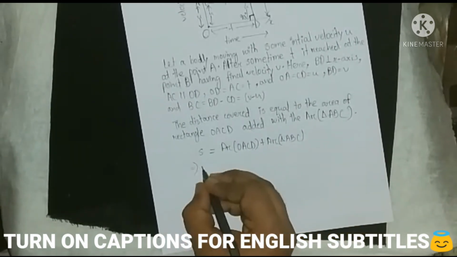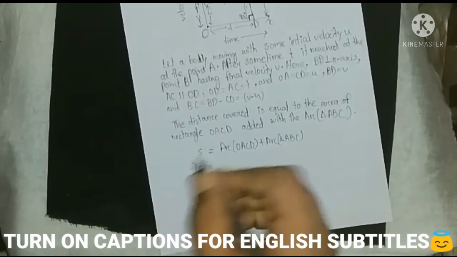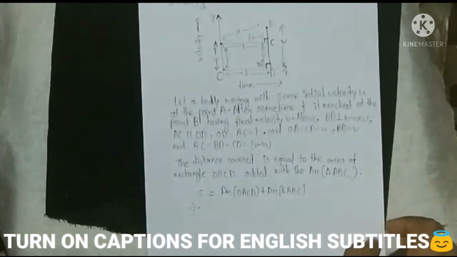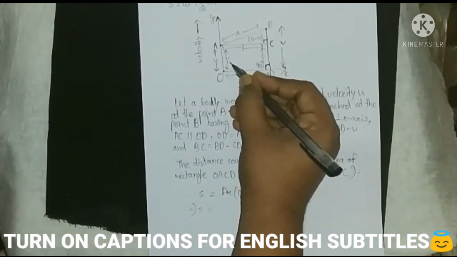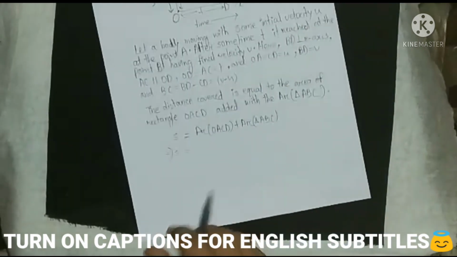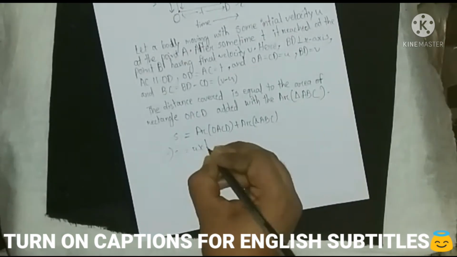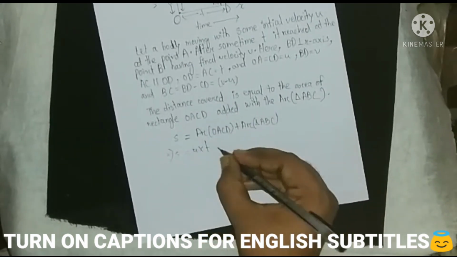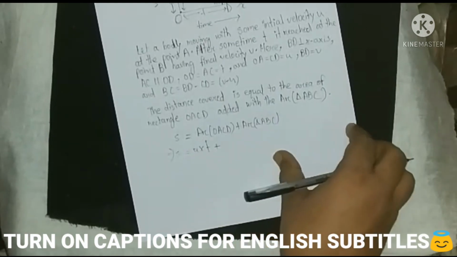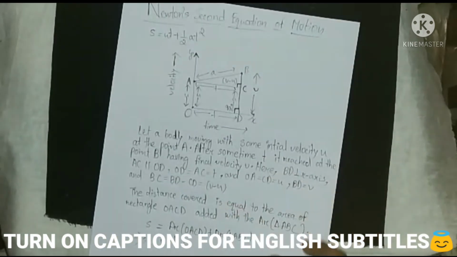Now it implies S is equal to the area of rectangle, which is length into breadth. Here length is t, breadth is U. We can write it as U into t, and the area of triangle is half into base into height.